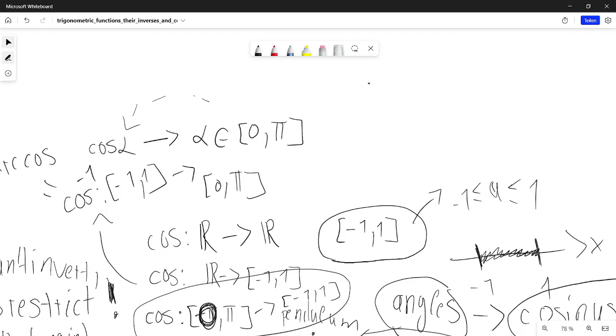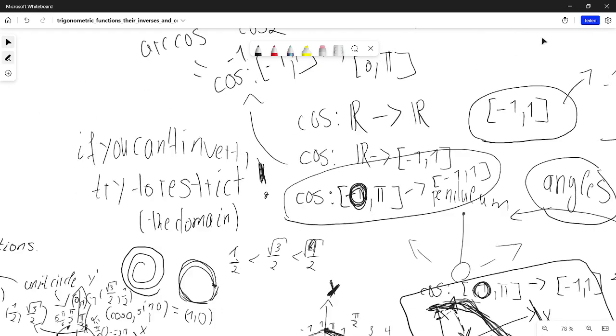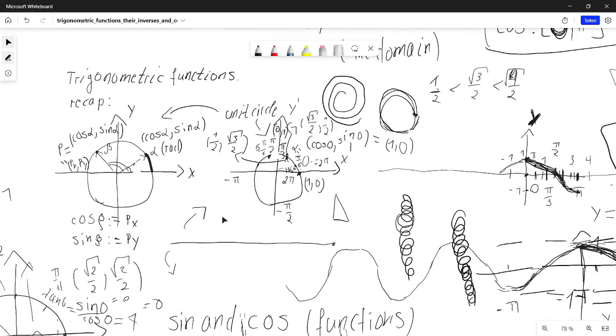Right? So if you computed some cosinus of alpha, and alpha is not in the interval 0 to pi, and that can happen very easily, I could have taken just, I don't know, alpha from here.